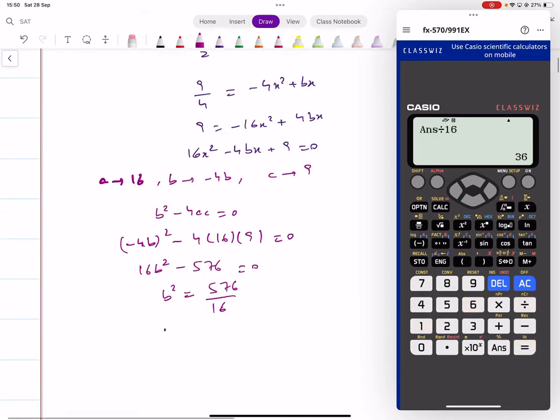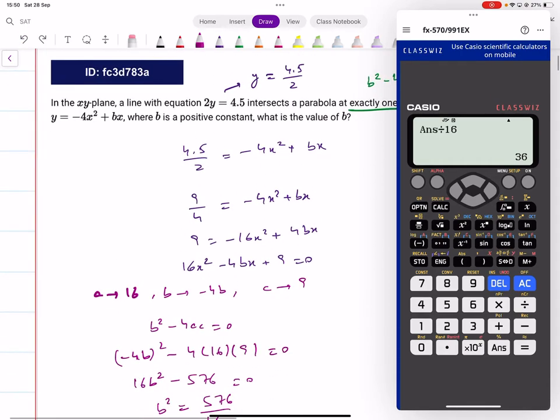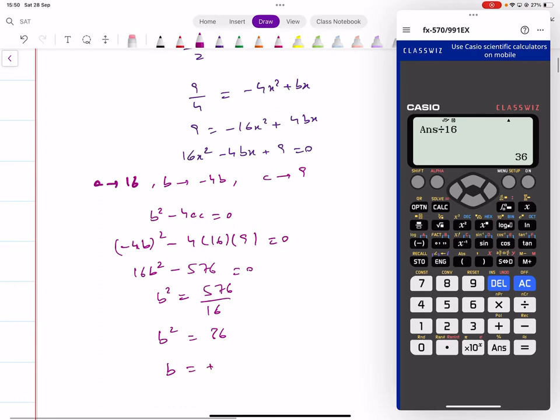That's 36 and b equals 6. It could be plus minus 6, and they're saying it's the positive constant, so we only consider plus 6. The value of b is 6.